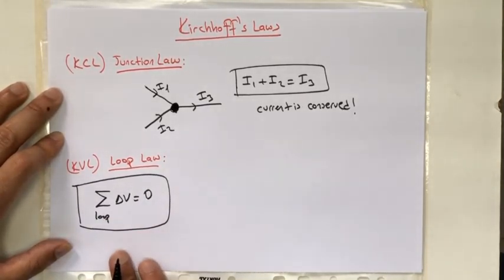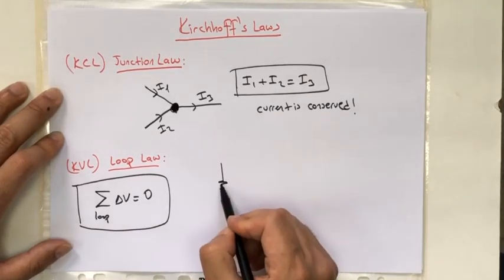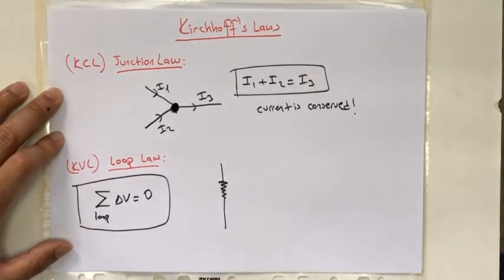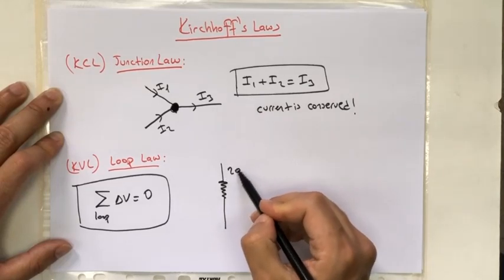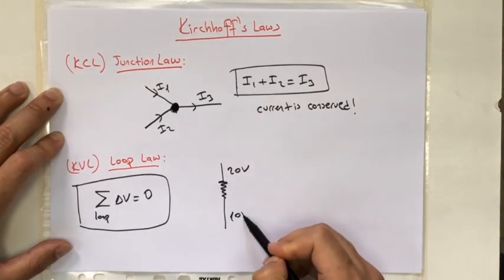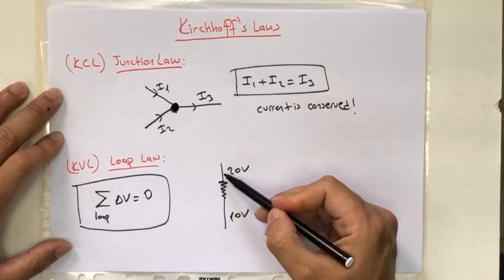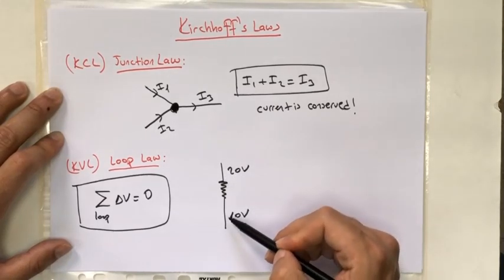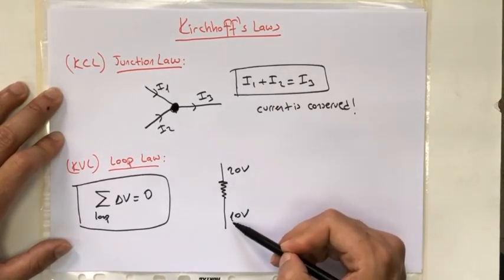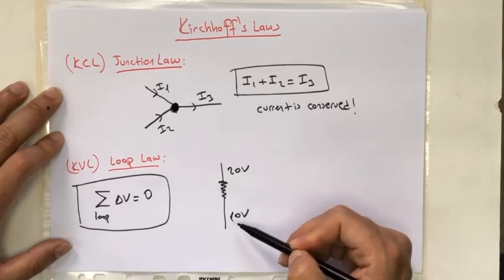Let's put this aside and look here. If we have a resistor like that, and say this terminal is at 20 volts and this terminal is at 10 volts, this terminal is at high electric potential and this terminal is at low electric potential.